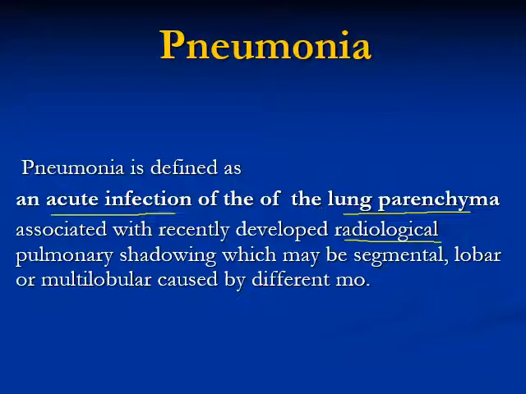This shadow may be segmental, lobar, or multilobular, affecting a segment of the lung, a lobe of the lung, or multiple lobes of both lungs, and caused by different microorganisms. Different microorganisms means different bacteria, or viral, or fungal, or others.